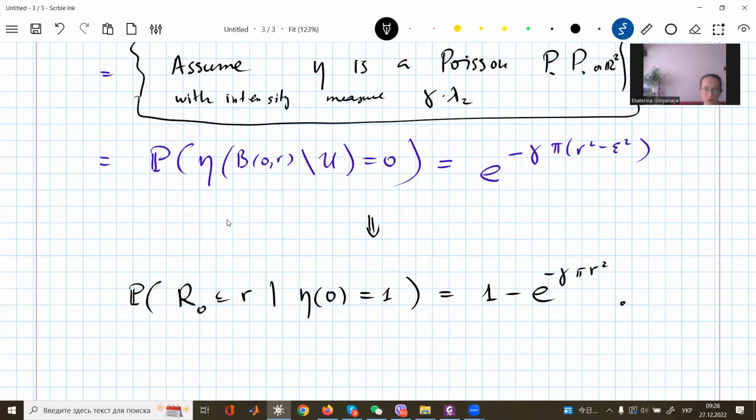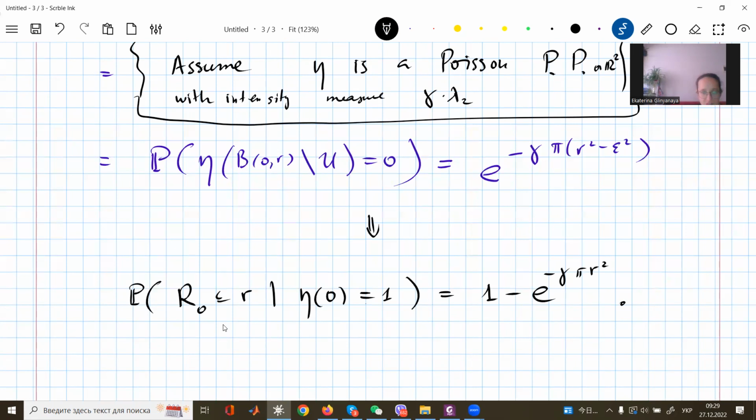So here we understand the conditional distribution for such a function. So this is the motivation for the next definition.